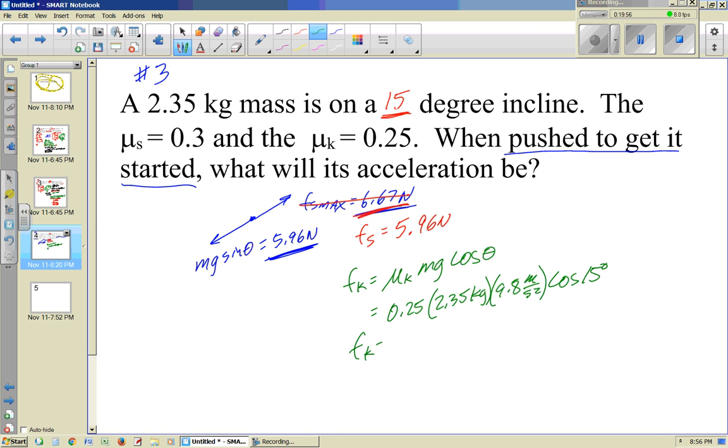And Fk in this problem comes out to be 5.56 newtons. I figured this out ahead of time so I would know if it actually did accelerate. And since the mg sine theta downhill component is bigger than the F kinetic uphill, it's going to accelerate downhill.